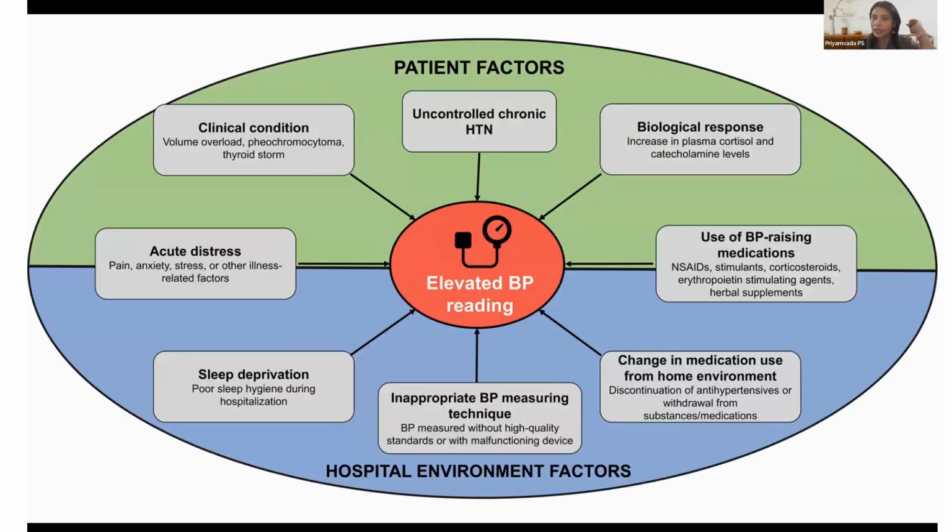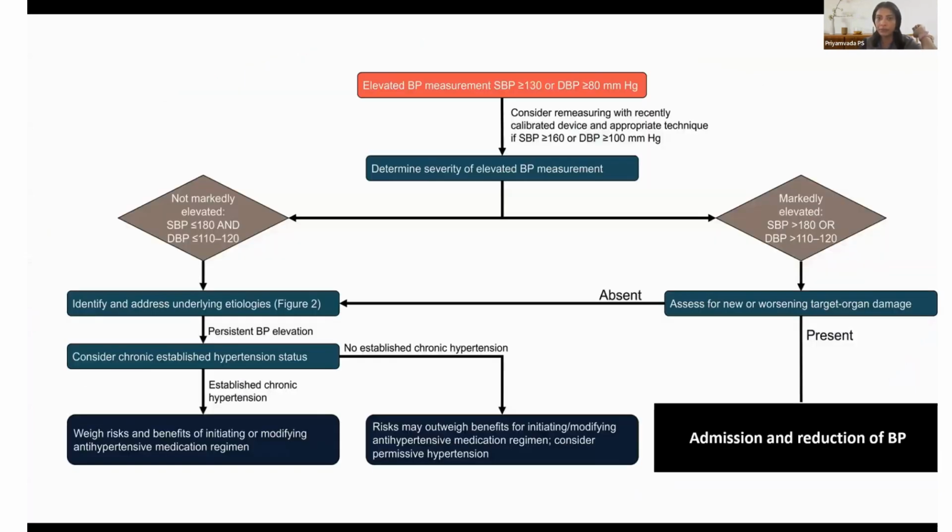So when in the inpatient setting, there might be a lot of factors other than hypertension that contribute to the elevated blood pressure. So simple things like anxiety, sleep deprivation, acute distress because of pain or something, then the use of BP increasing medications, there might be a lot of things apart from hypertension contributing to the elevated blood pressure.